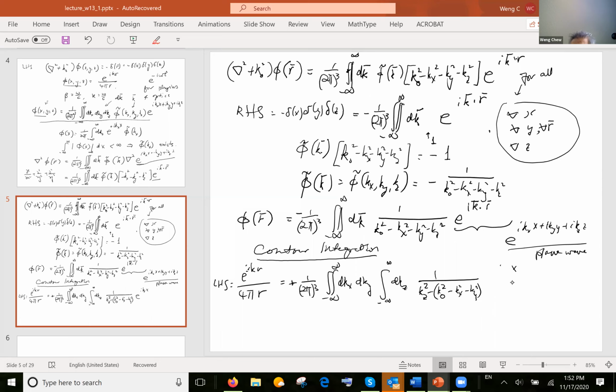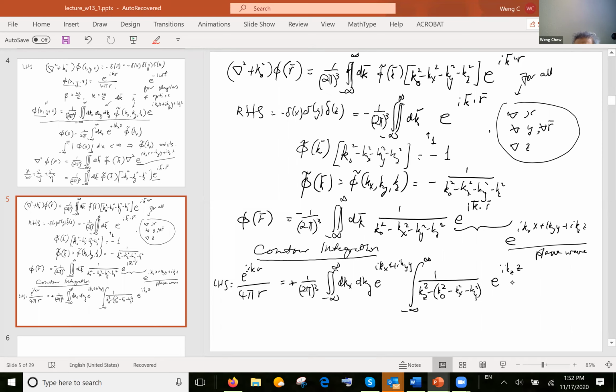Let me just write one of the integrals here. The other two integrals, the two exponents, let me put them outside, e to the i kxx plus i kyy.